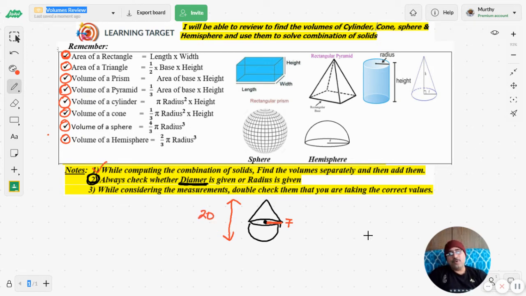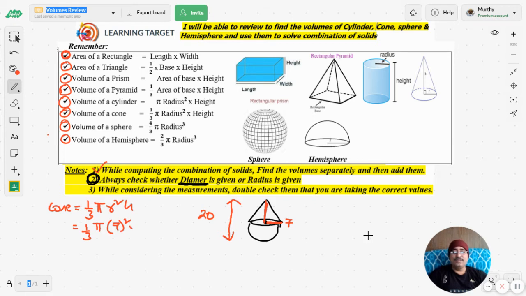While computing the volume of this cone, we take 1/3 pi times radius square times height. Pi is 3.14 or 22/7, and the radius is 7.